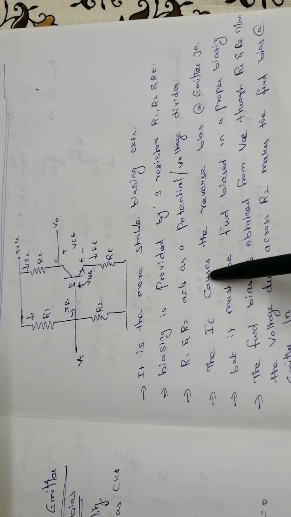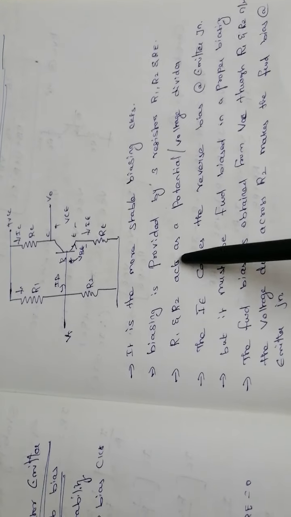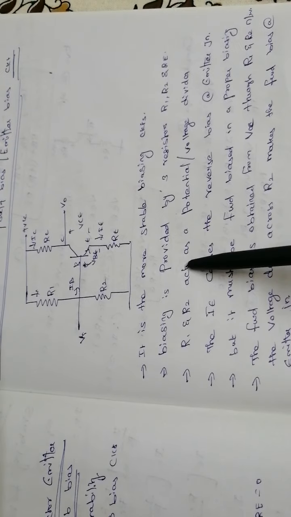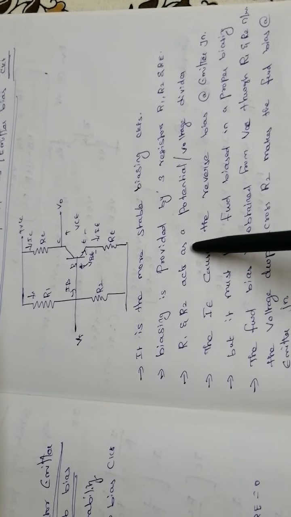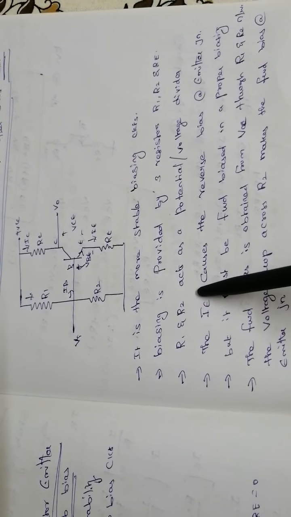Okay, now the operation of the circuit, that is how the collector current becomes constant. How will the collector current be reduced? As we know, if temperature increases, the minority charge carriers increase, so ICO increases. So it automatically increases the collector current.